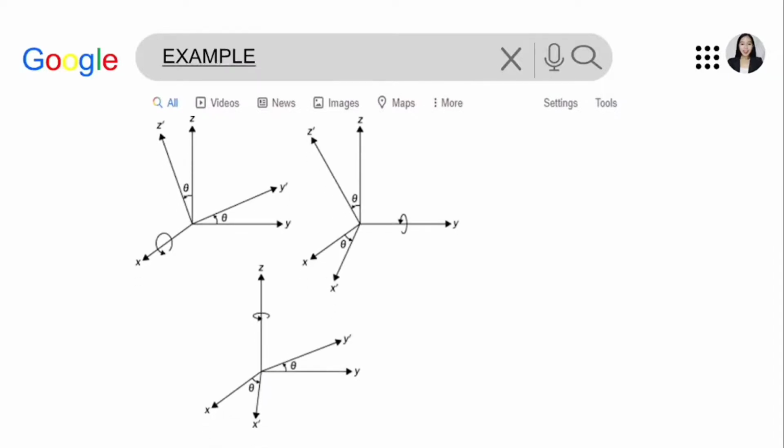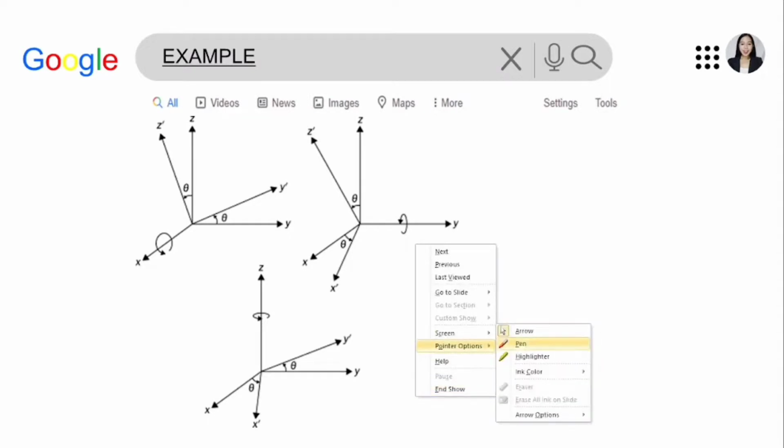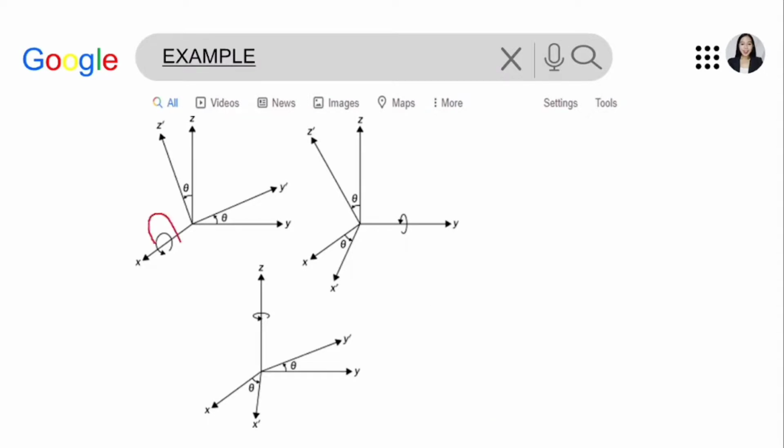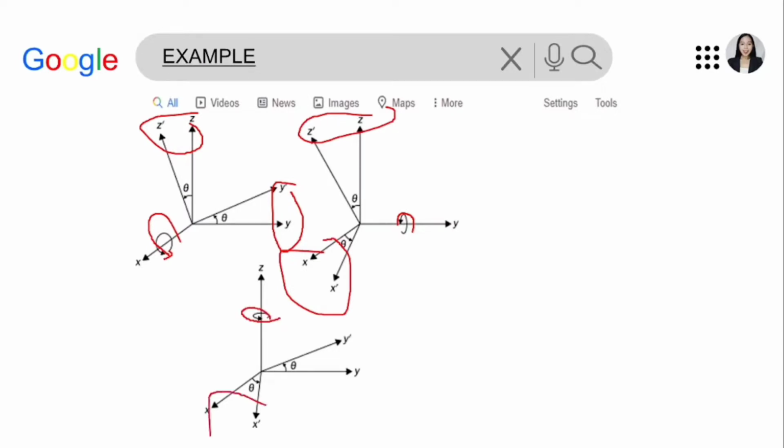For a point in a plane parallel to the xy plane, the z coordinate will remain constant. For example, if we rotate about x, x will be constant while y and z will change. If we rotate about y, x and z will change. If we rotate about z, x and y will change.